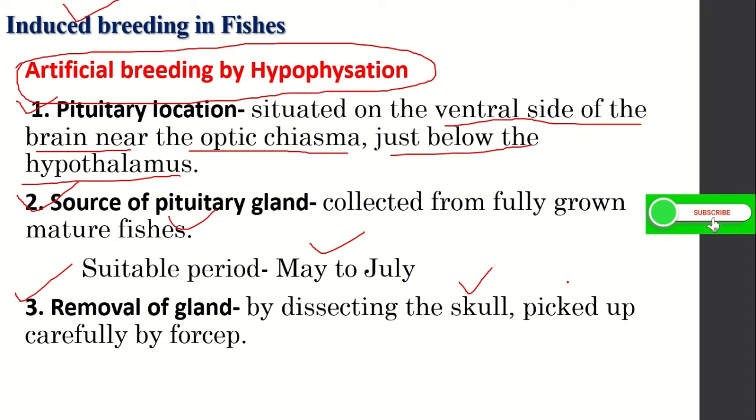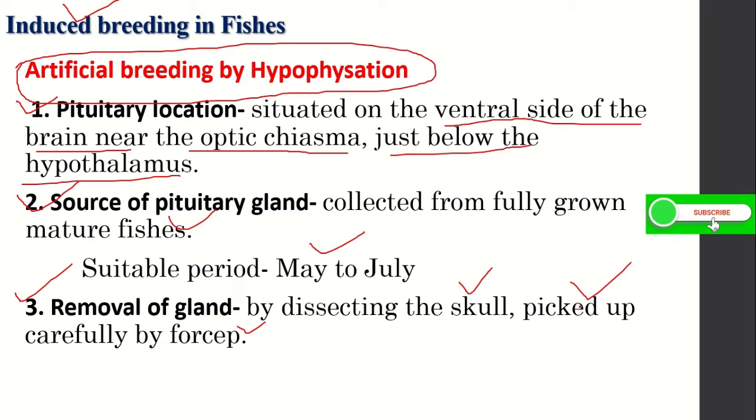Care should be taken so that the pituitary gland is not damaged.